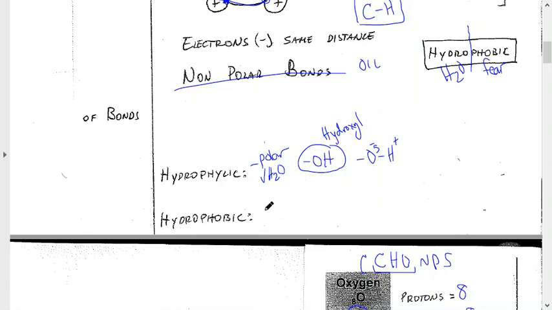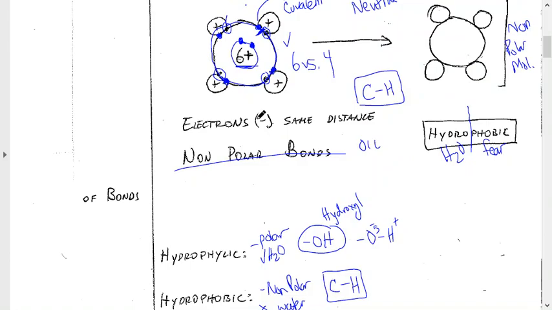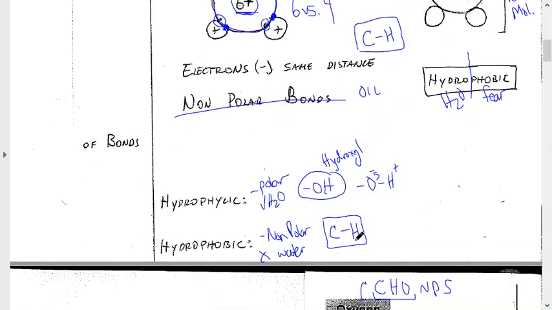How would you know about hydrophobic? Well, we know it's nonpolar. We know it doesn't like water. I'll do X water. But what would give it away? Well, the absence of hydroxyl groups, but also the presence of carbon-hydrogen bonds. Remember, just like in methane, carbon-hydrogen bonds are non-polar bonds.